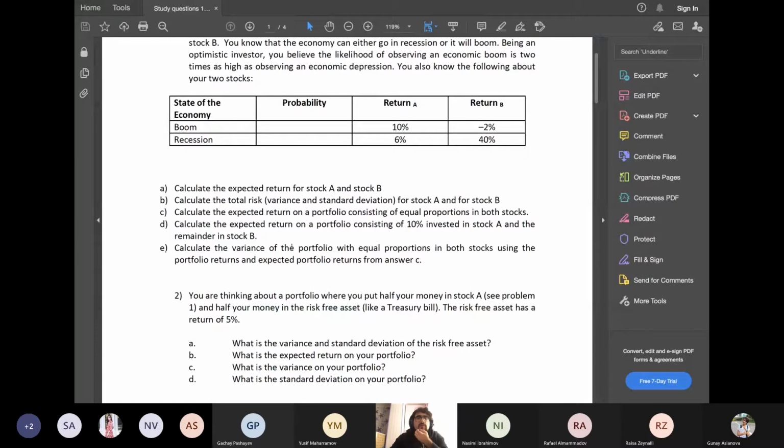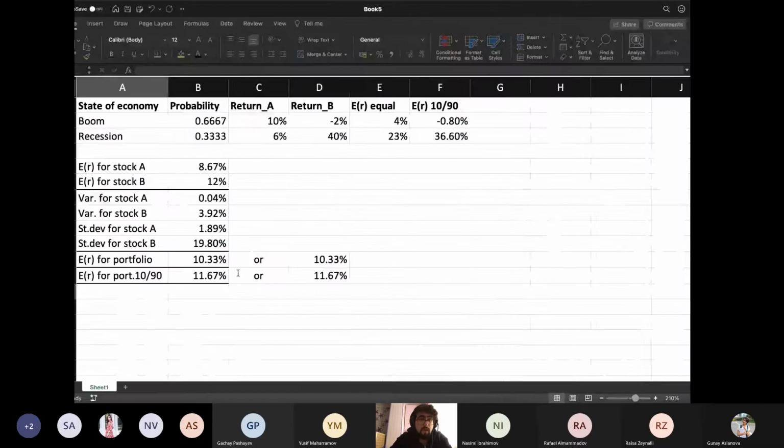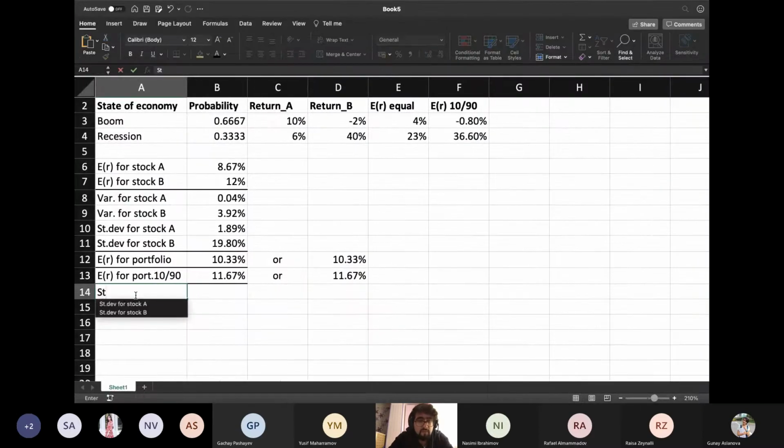And the last part of the question, calculate the variance of the portfolio with equal proportions in both stocks using the portfolio returns and expected portfolio return from answer C. So standard deviation for portfolio, equal proportions, the question is asking. So we find the equal proportions in this column of returns.